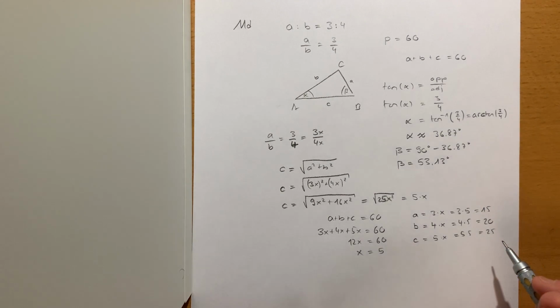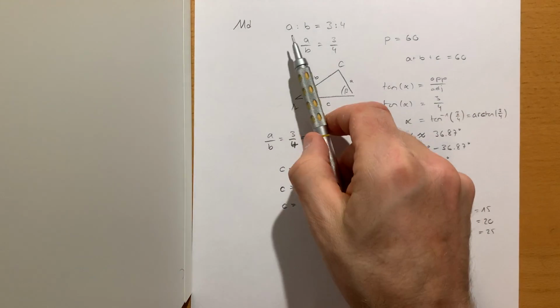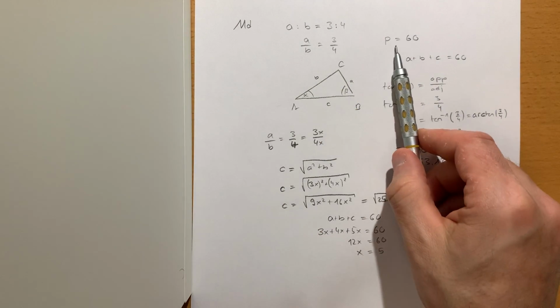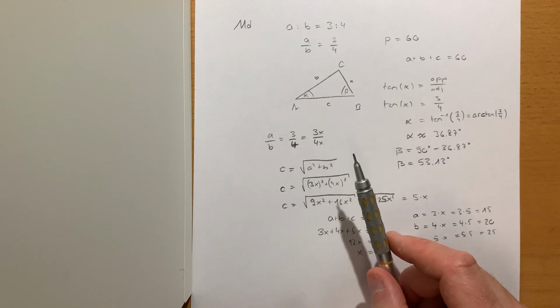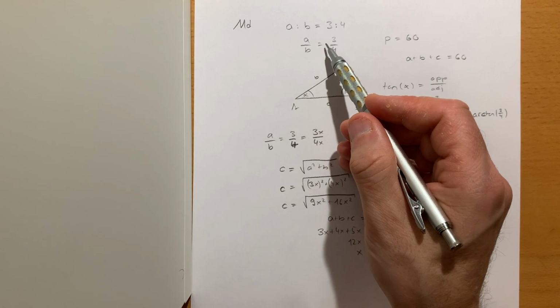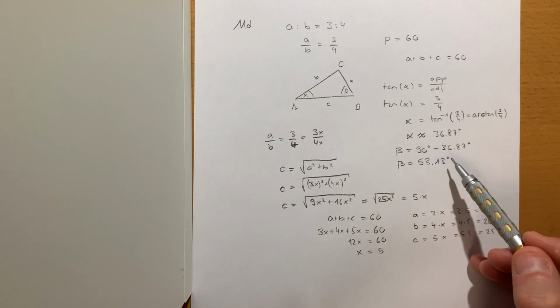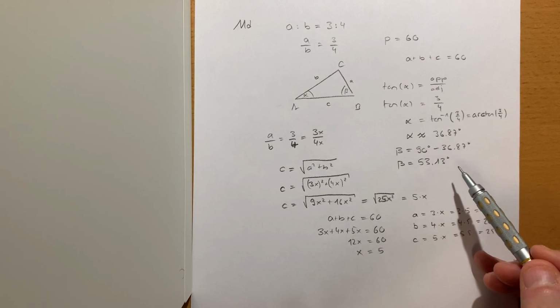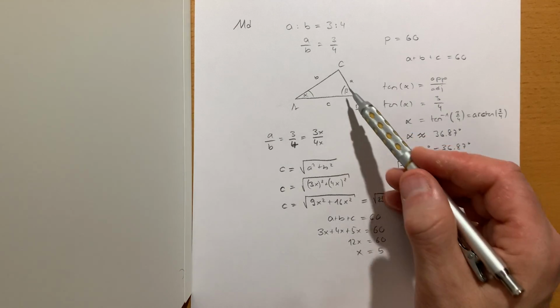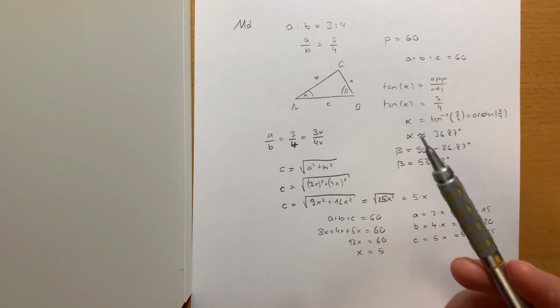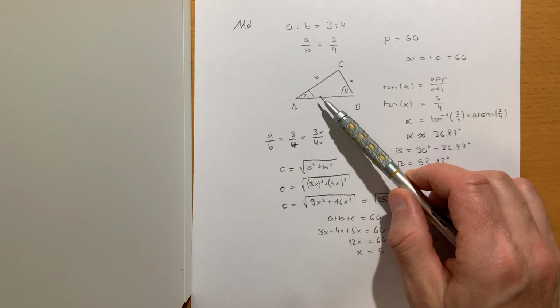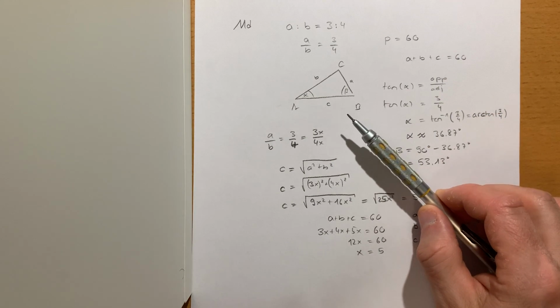Okay? So as a quick recap for this exercise here, we were given a ratio and the perimeter, Umfang. Okay? Well, we were able to work with the ratio alone in order to work out our angles, not a problem. But then, in order to work out A, B, and C, we had to work with the similarity of all the triangles we're talking about here.